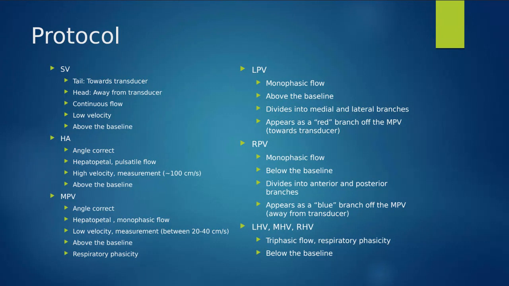Picture on the right side a little bit more clear. We see that pulsatile vessel right on top of our hepatic artery. We see our scale is set to 40, and we are getting a triphasic waveform, and they are measuring here above the baseline, heading towards the transducer.